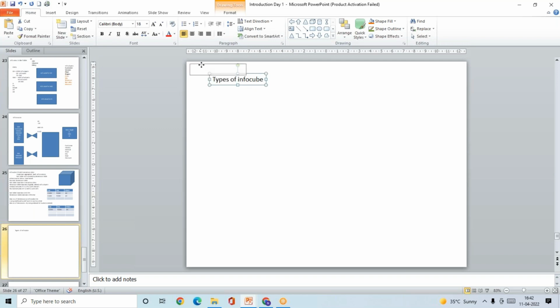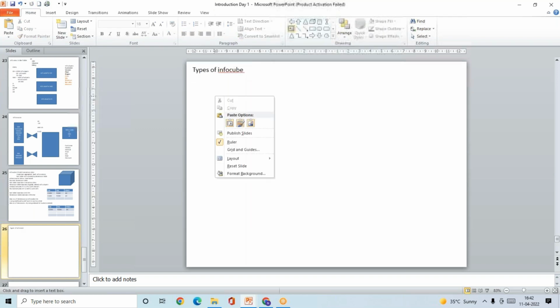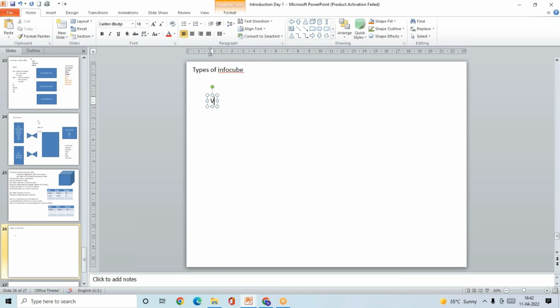Types of info cube, okay: basic info cube, transactional info cube, also known as a transaction info cube or real-time info cube, virtual info cube, and remote cube.